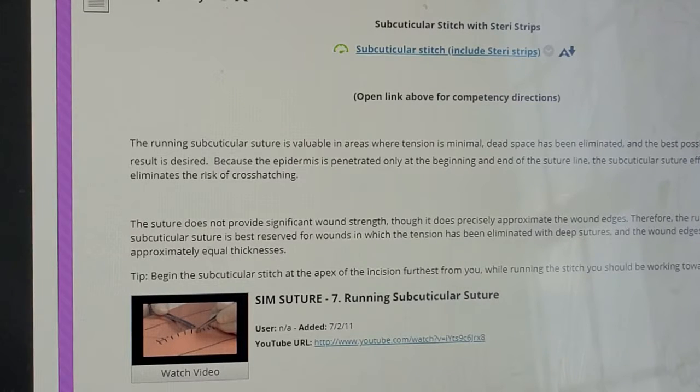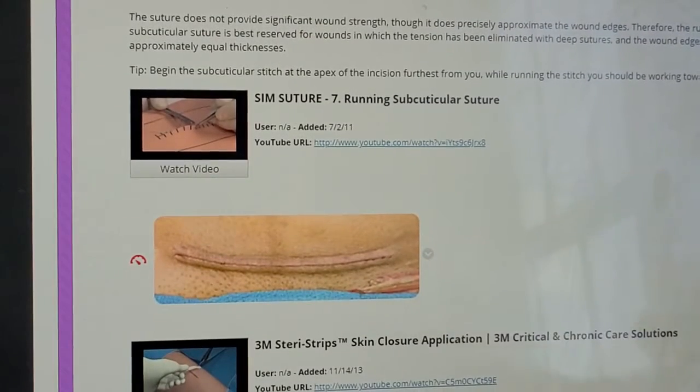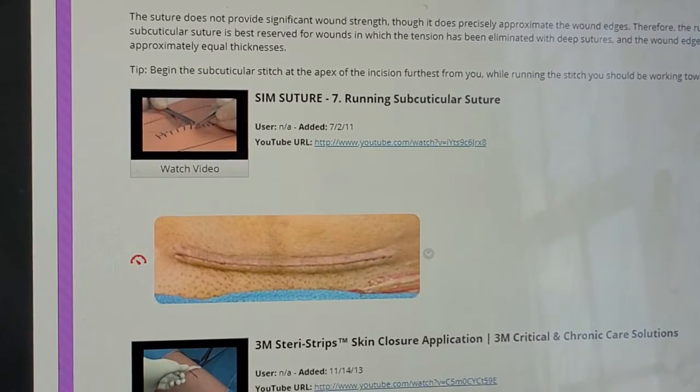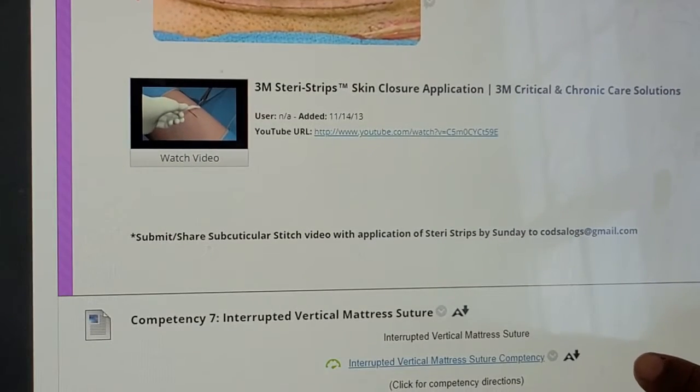I'm sure as experienced surgical technologists, you have already done the placement of steri strips. Just like the previous competencies, here is the video that we went over in class today, as well as a picture of what a subcuticular running stitch or incision should look like afterwards.